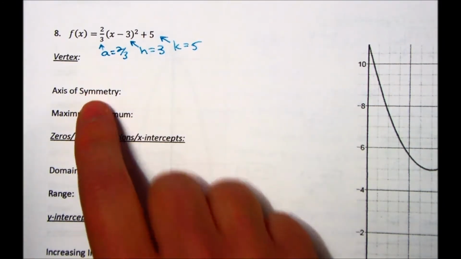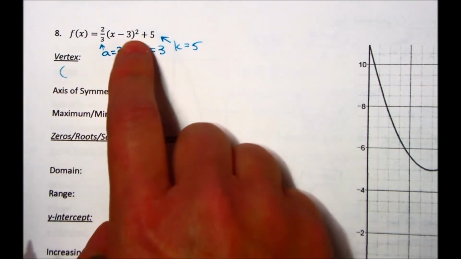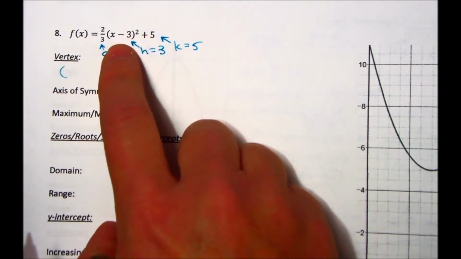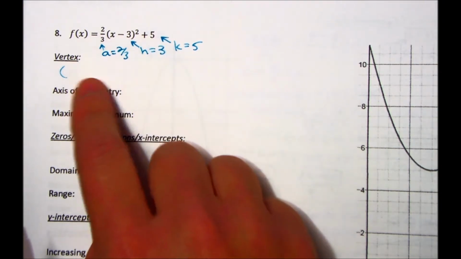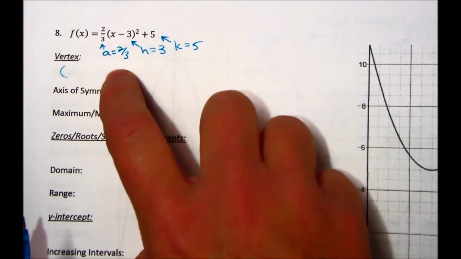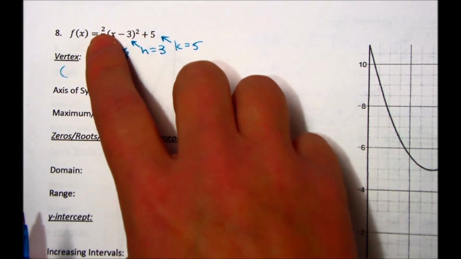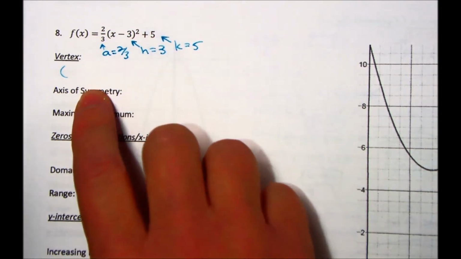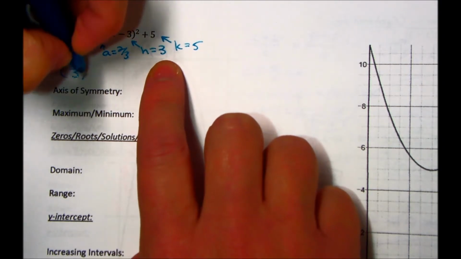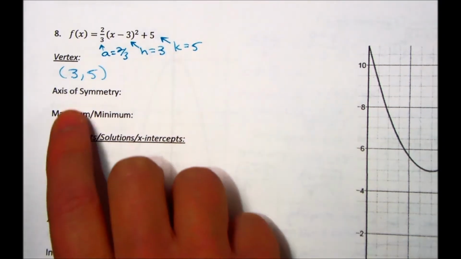So your vertex is just, you really don't have to show work for vertex form. If you're given the equation in vertex form, there really isn't any work to show for finding the vertex other than identifying the a, the h, and the k. So identify a, h, and k, but then write your vertex as the point 3, 5. So that is your h and k.